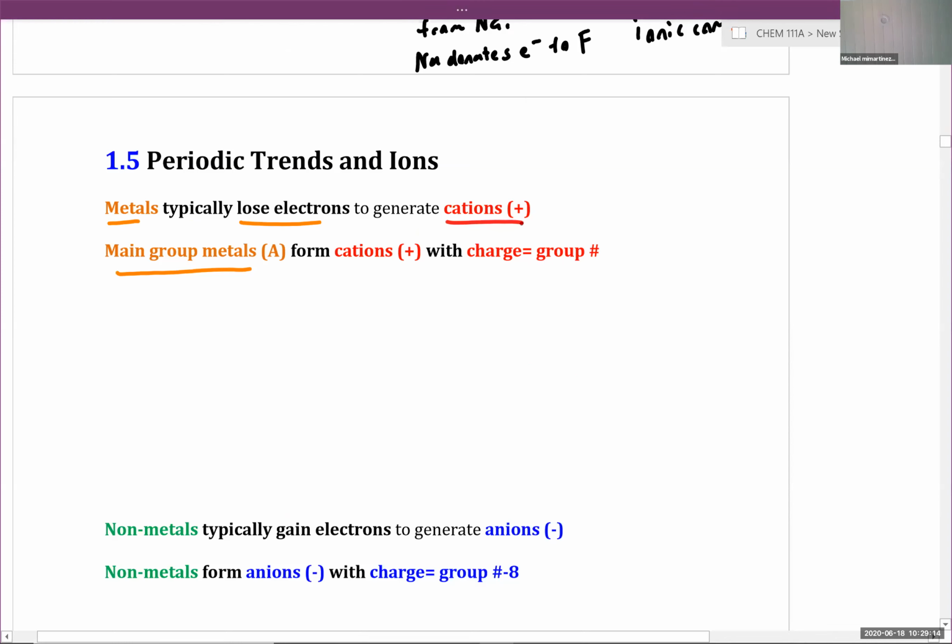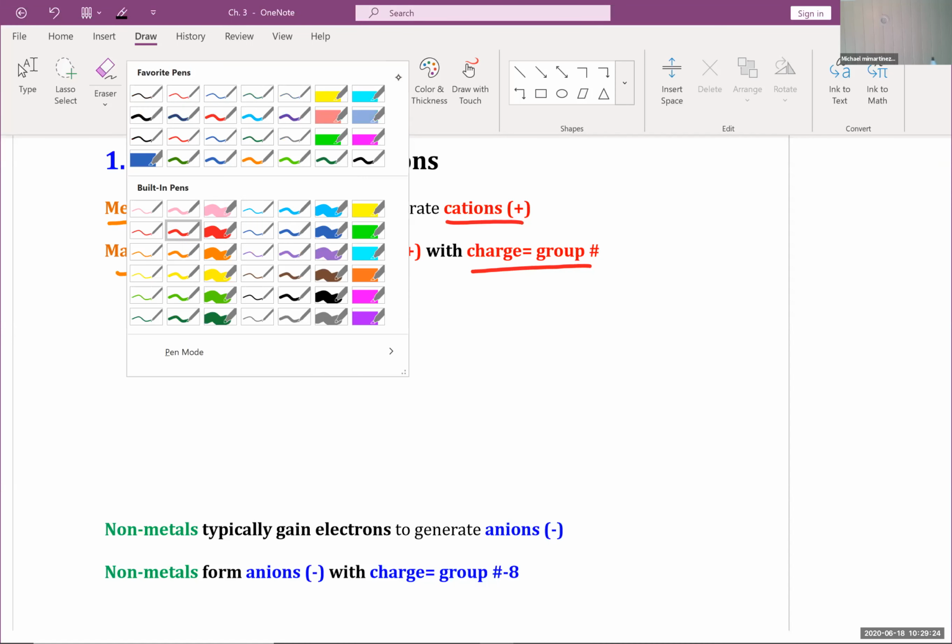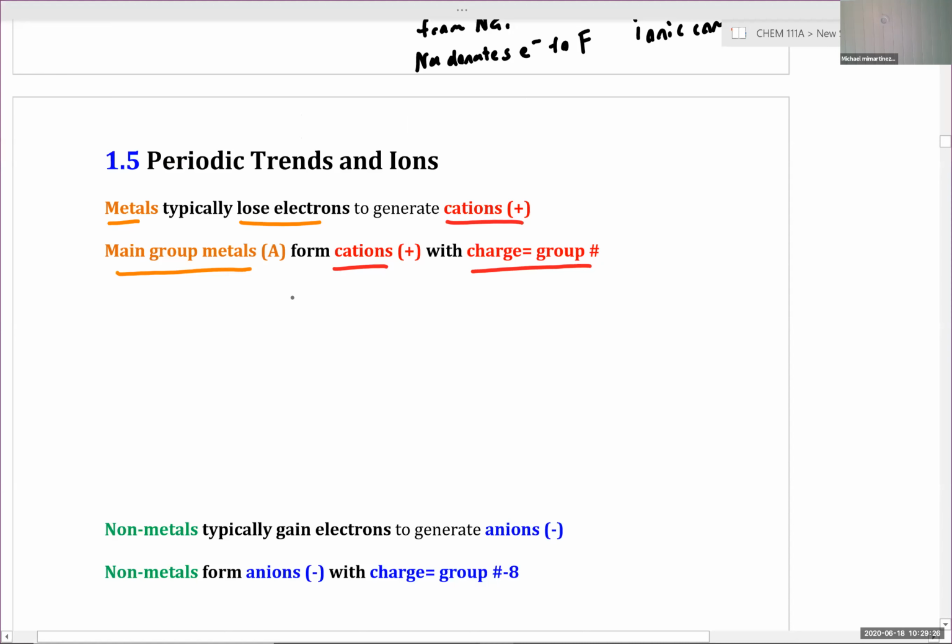More specifically, for main group metals, which are A group metals, they tend to form cations with charge equal to their group number. So again, groups have a lot of power in terms of sorting elements via reactivity, and we'll see that come in full force in this next section.